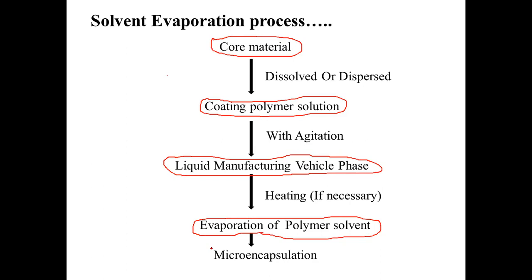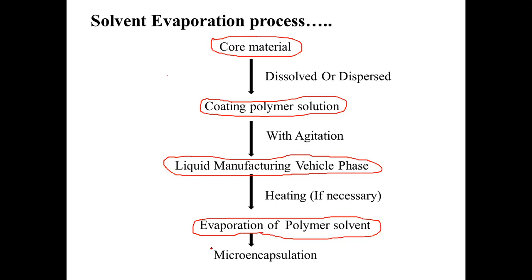This hardening process is accomplished by the removal of the solvent from the polymer droplets by solvent evaporation, by heat or reduced pressure, or by solvent extraction, that is, with a third liquid which is a precipitant for the polymer and miscible with the water and solvent. So we can use the third solvent and extract the particles. Solvent extraction produces microcapsules with higher porosity than those obtained by solvent evaporation.